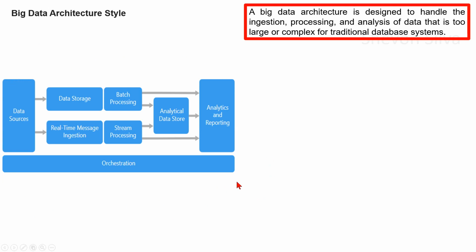So this is the architectural diagram for big data architecture style. A big data architecture is designed to handle the data ingestion, processing and analysis of data that is too large or complex for traditional database systems.